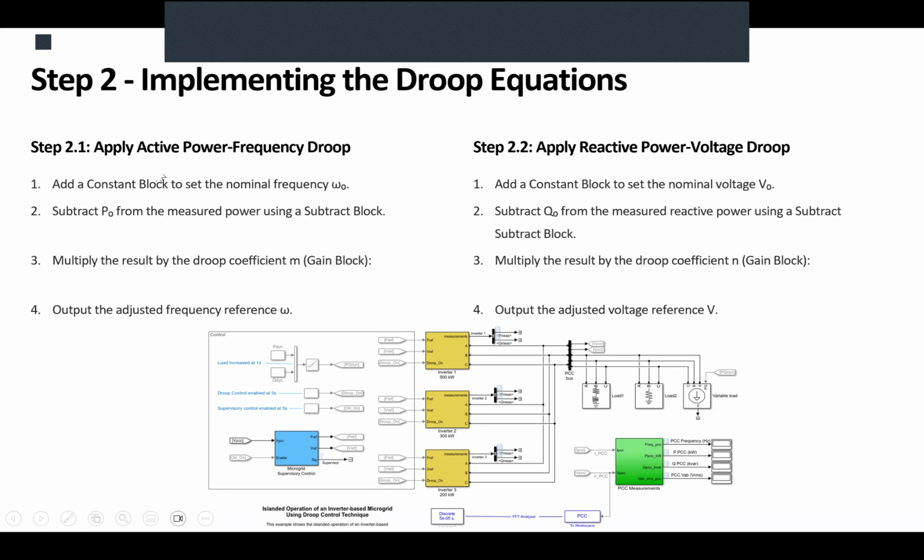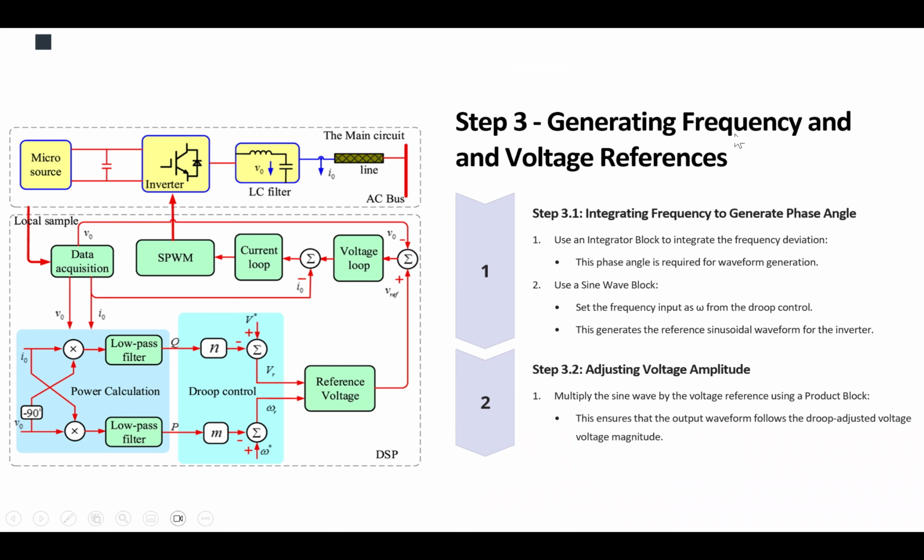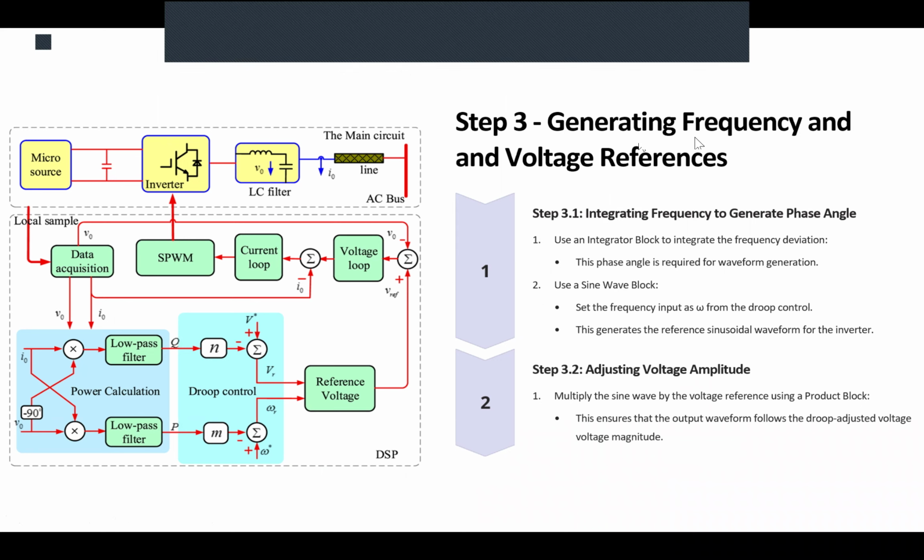So we are going to transfer that measurement into the signal that we want, the voltage and frequency that we want to stabilize, and then apply the voltage Droop and frequency Droop to make sure how we should address those deviations. And at the last level, we generate the frequency and voltage for PWM based on the result of our Droop control.